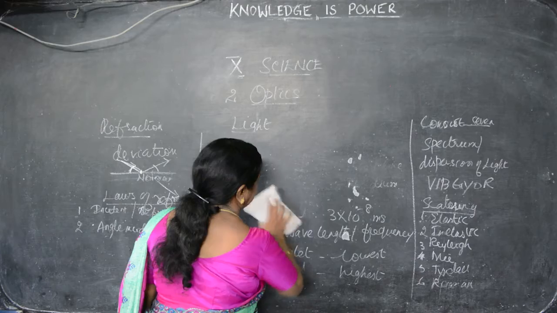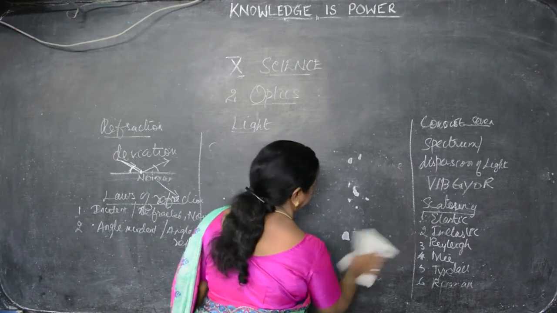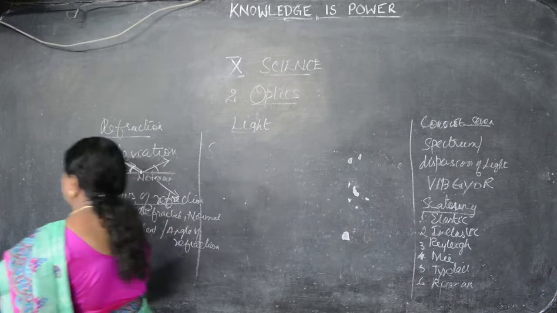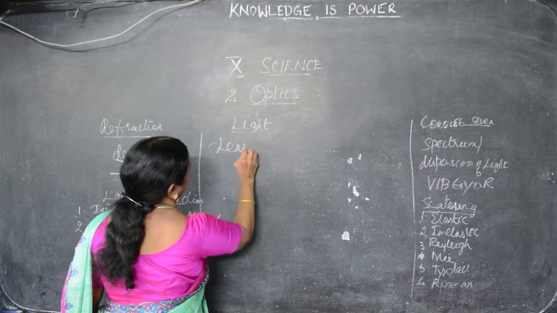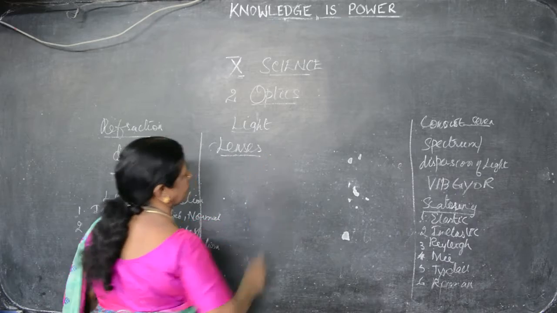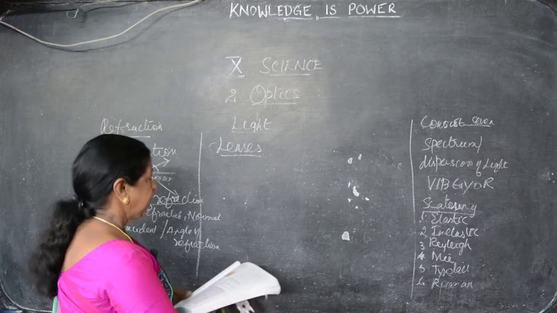There are two kinds of lenses, convex lens and concave lens. Now, we will see the differences between them. What is a lens?